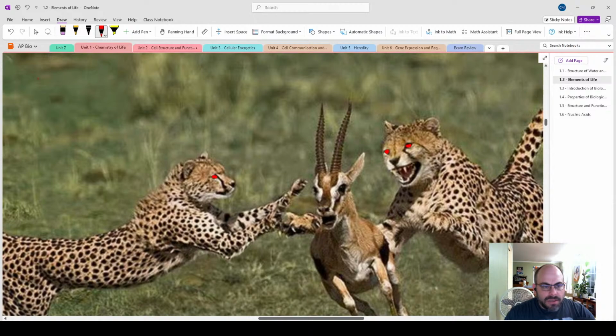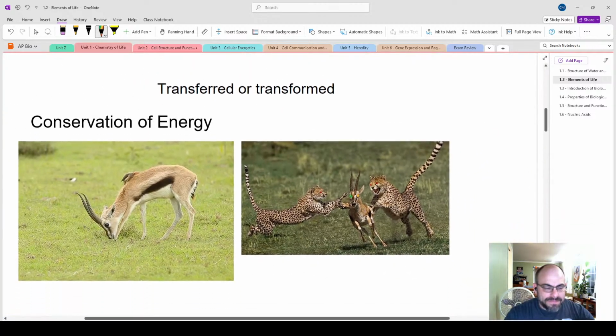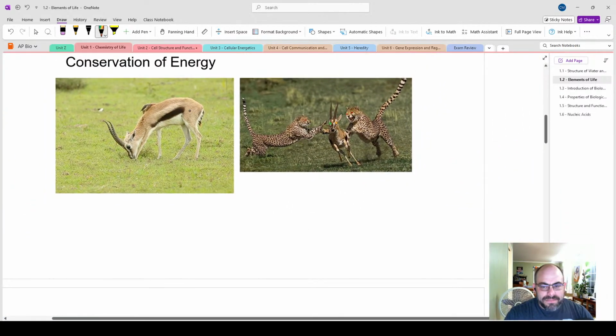If the cheetah's eyes are red, what color is the gazelle's eyes? Rainbow? Why is there a rainbow? That was too big, too deep, and too greedily. Oh my. Okay. That looks rough.